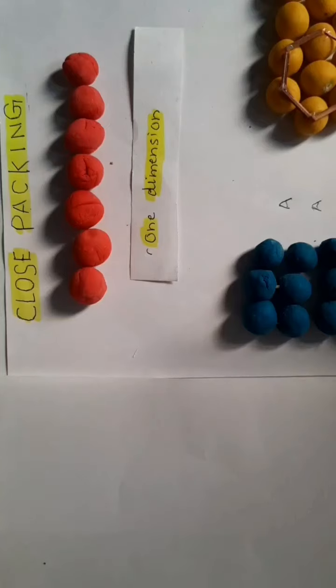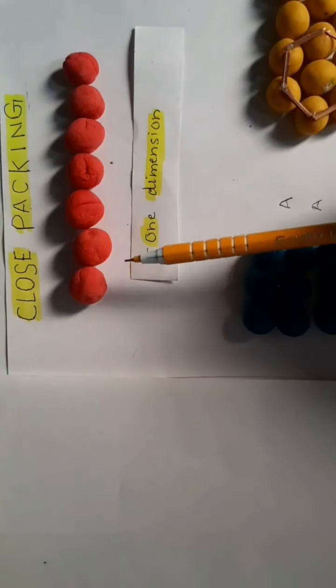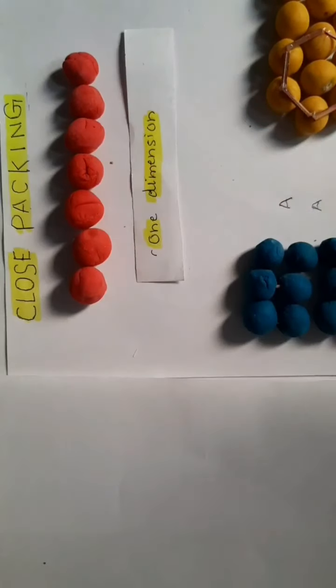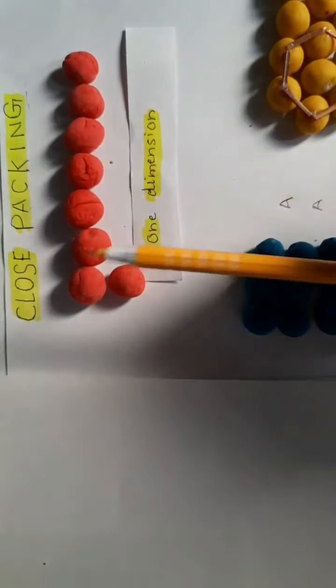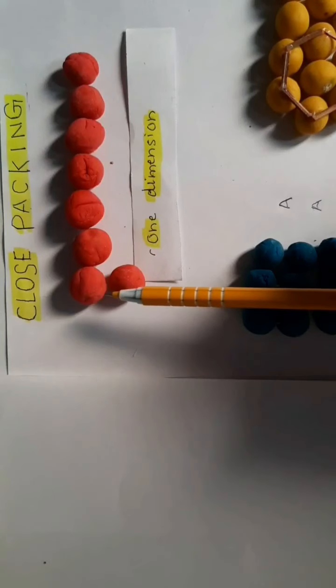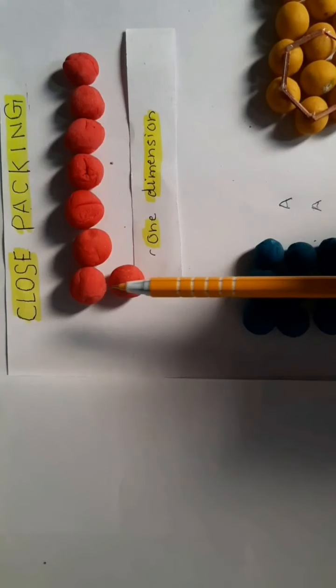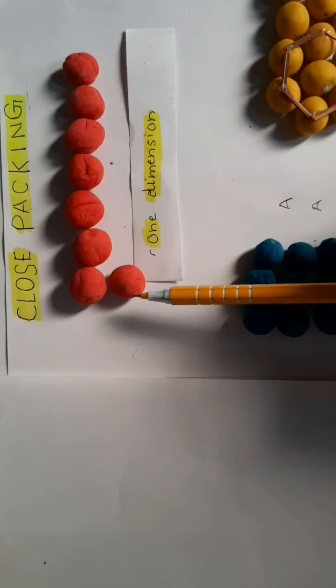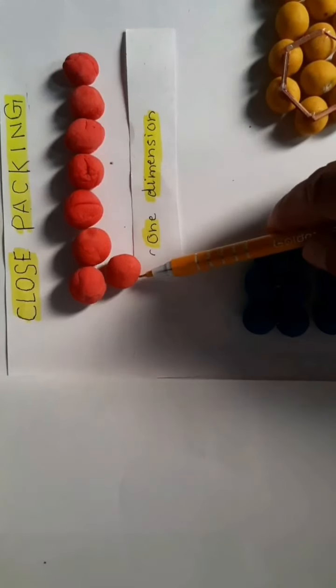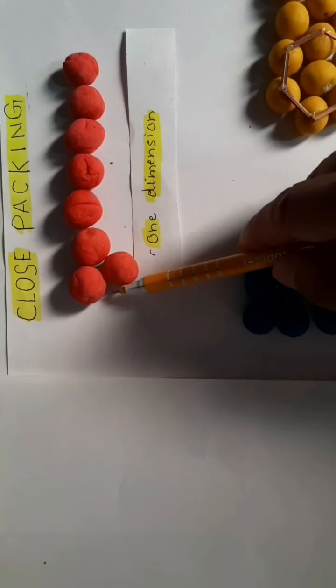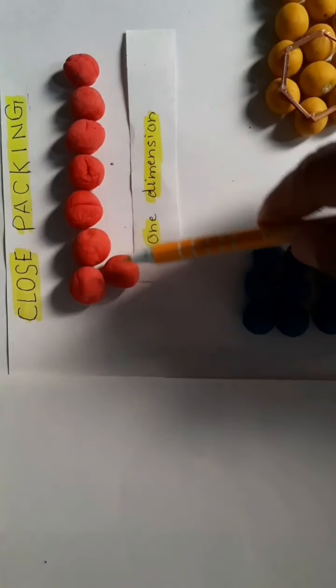Now suppose we have to form the second layer or second row below this first row. Then we have two options. We can place this ball just below the ball present in the first layer, or we can place it in between the space, that is the depression created by the two balls.